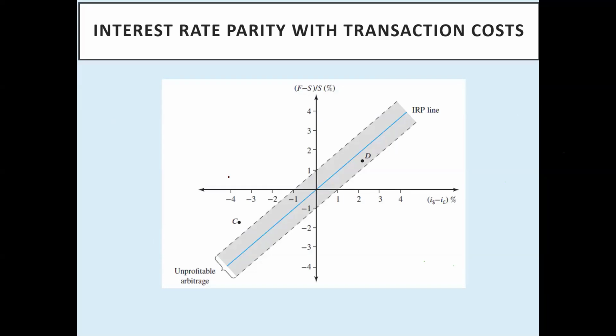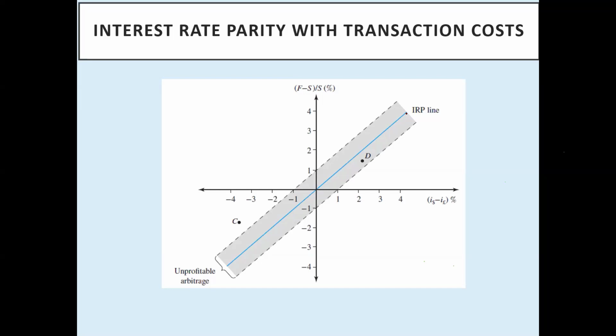Having talked about different reasons why the IRP does not hold, because of these reasons, we need to allow for a range within which the IRP should be considered to hold.